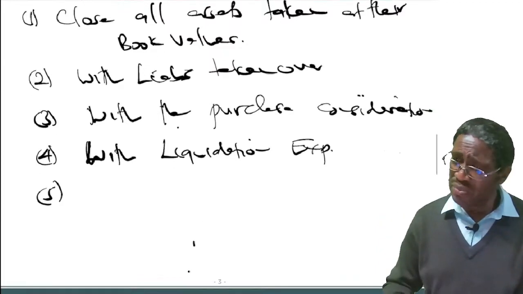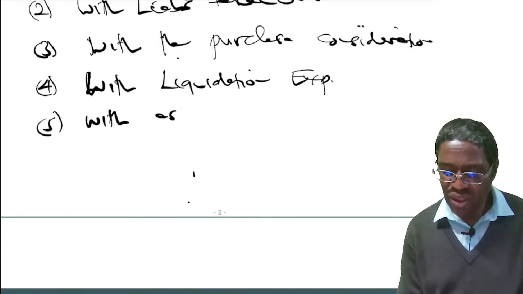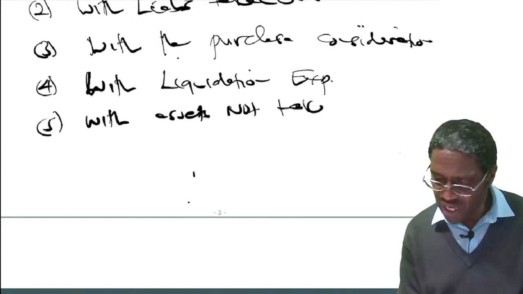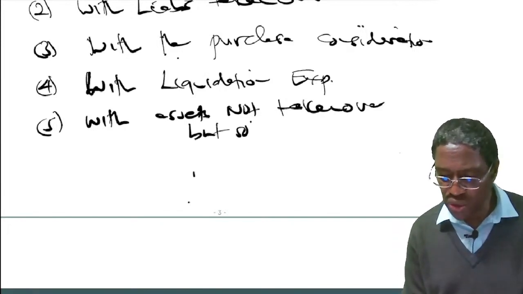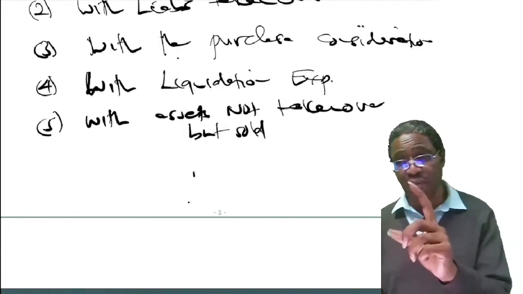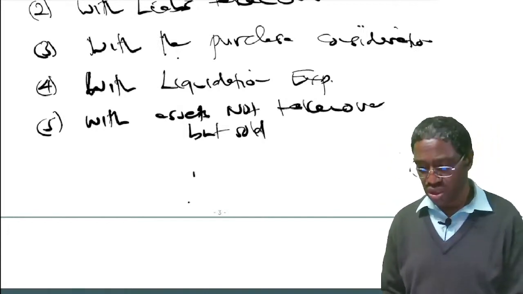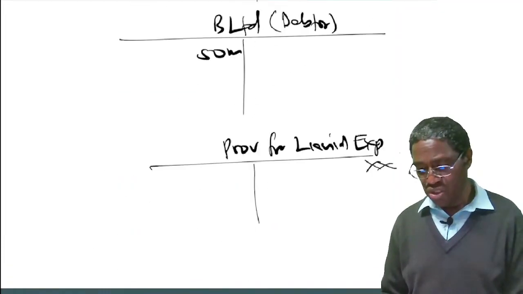So that's our step number 5 that says with any assets not taken over but sold by the selling company, what do you do? You will debit bank. Remember, you as company A are selling your asset.